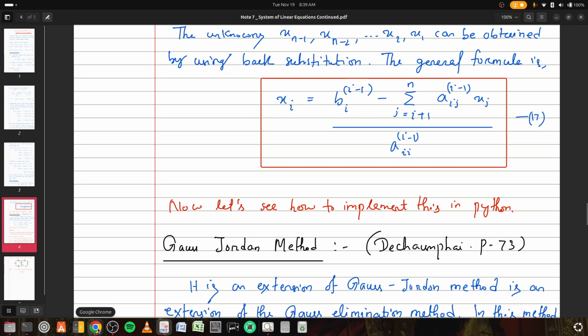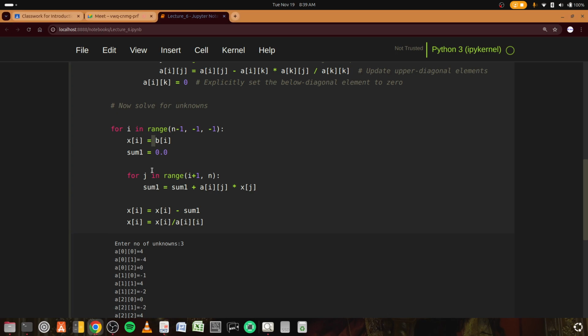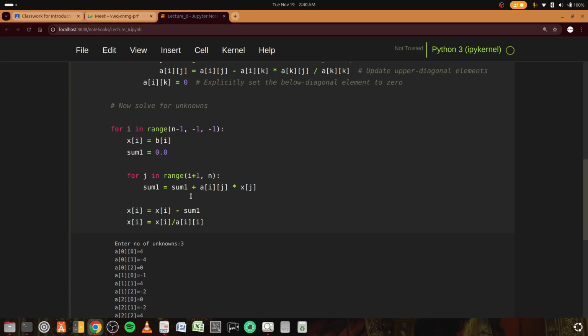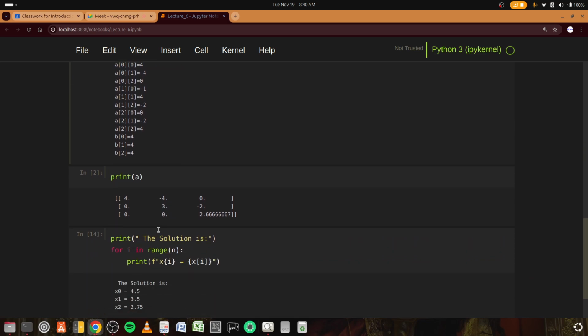Initially xi was bi, so xi will be xi minus sum, and finally divide it by the coefficient of xi. The coefficient of xi was aii, right? So we divide by aii after subtracting the sum.